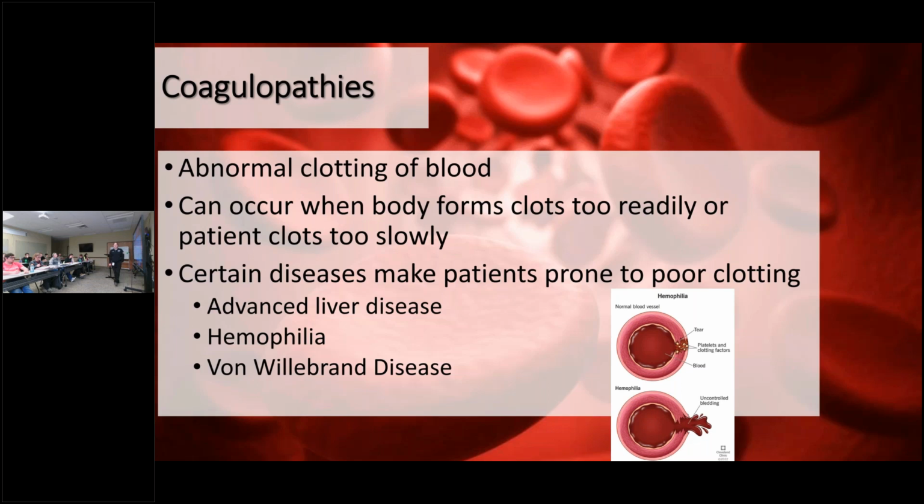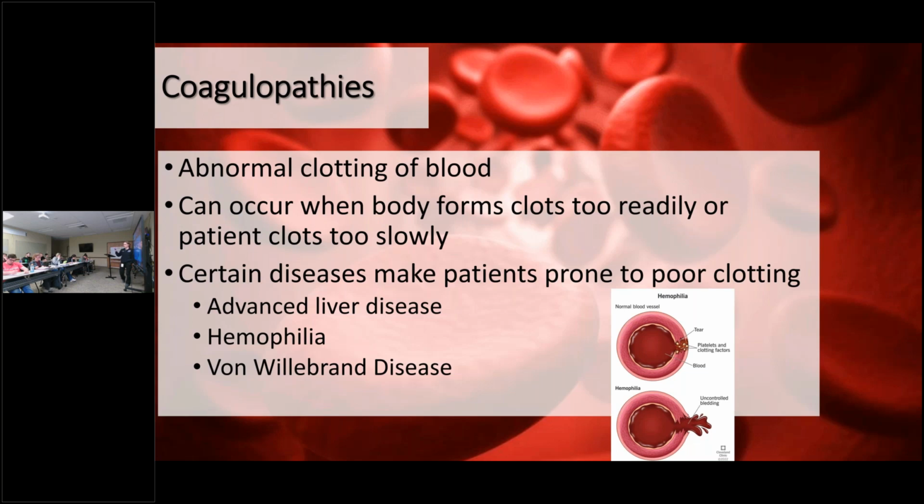So different diseases can make patients prone to poor clotting. We talked about the liver disease. Why the liver? Yeah, so our liver produces our clotting factors. What is hemophilia? Yeah, yeah. So most of these patients that have hemophilia, there's different types. And von Willebrand is part of our clotting cascade, like the little fibers.